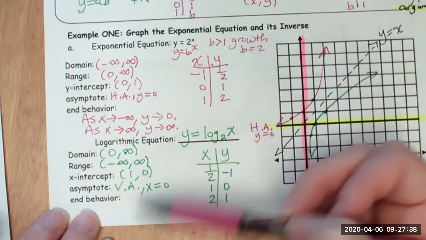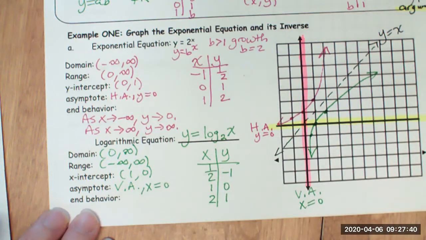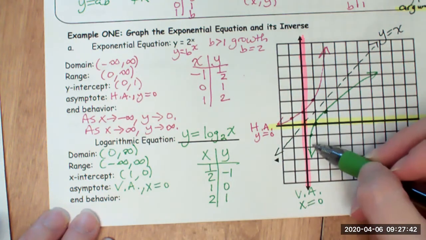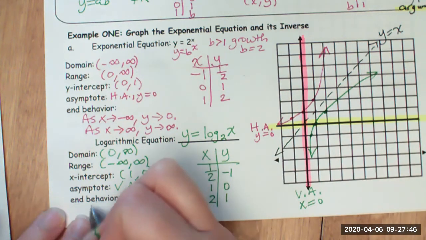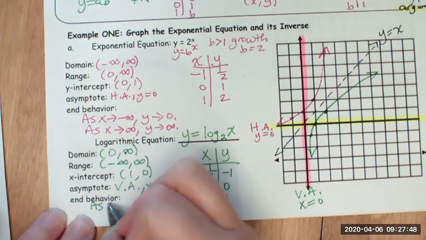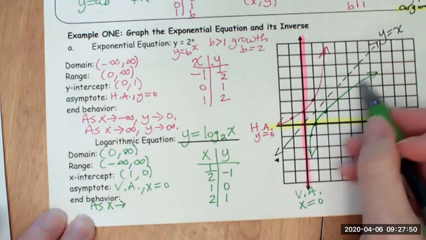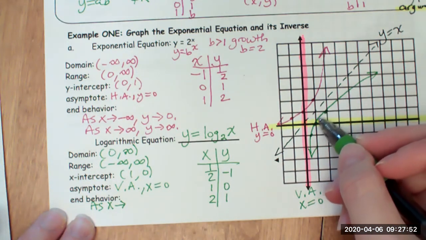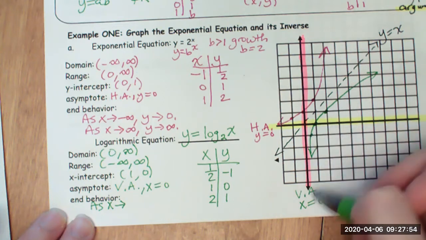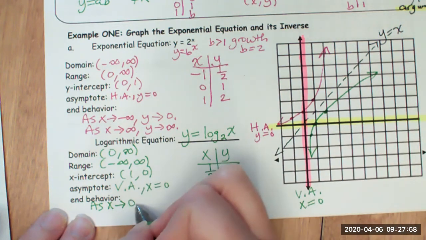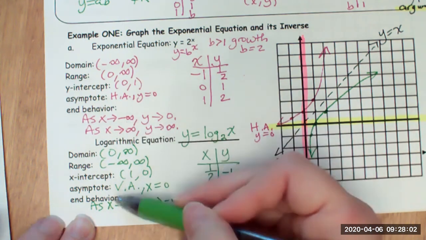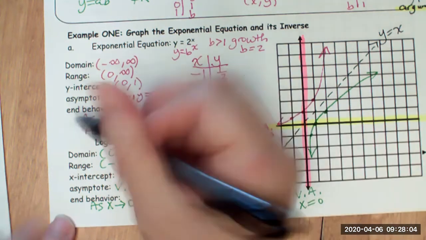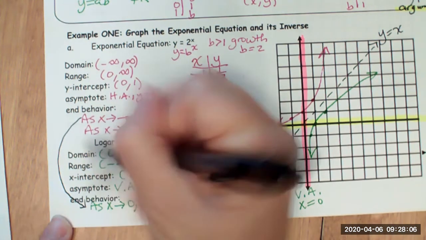Okay, and so now you can look at the green line for the log function. Now look at where x is approaching. It's getting closer and closer to its asymptote, x equals 0. So as x approaches 0, y approaches negative infinity. And you can see, compare. See how they reverse?